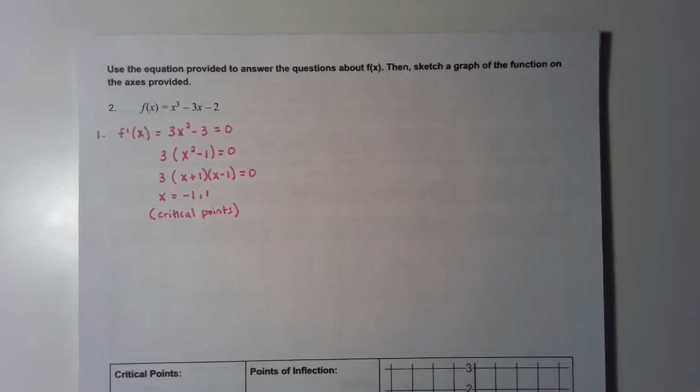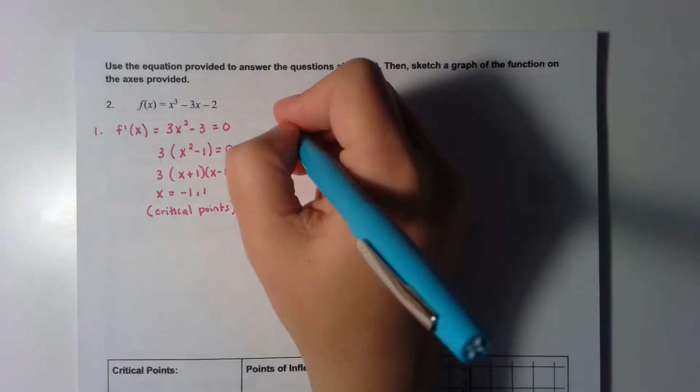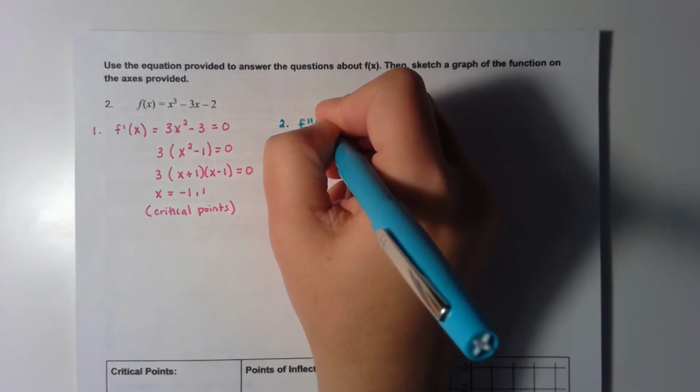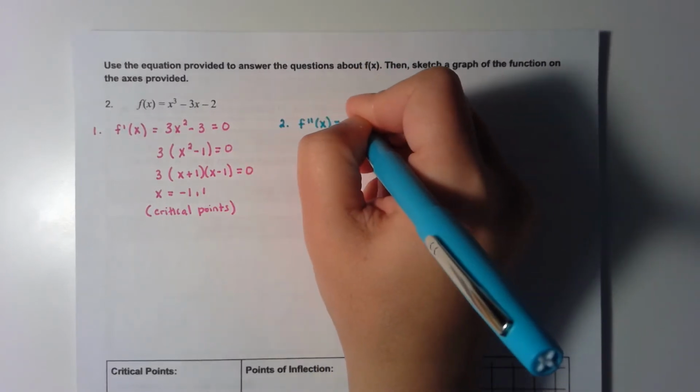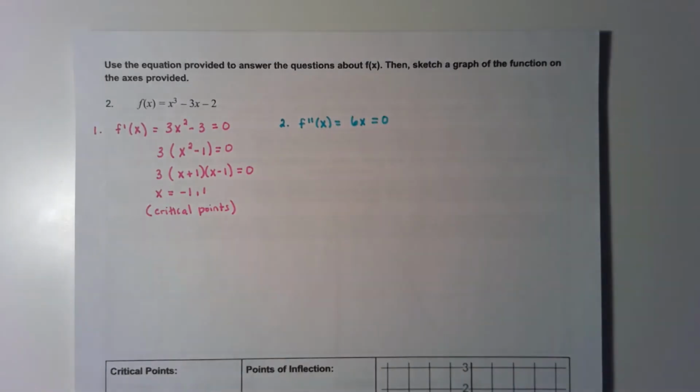Okay, so now we've done the first derivative stuff, at least as much of that as we're going to do for right now. All right, the next thing we're going to do is look at the second derivative. So for the second derivative, I'm going to find f double prime of x, which is equal to 6x, and I'm going to set that equal to 0 and solve.